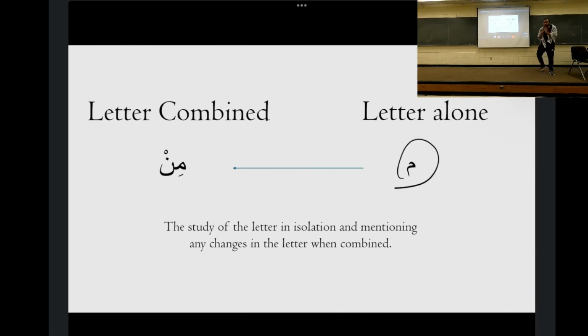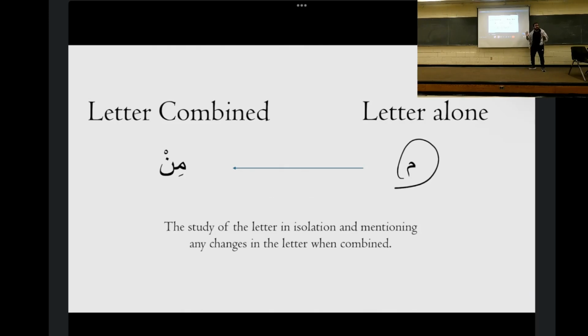Now, after I learn how to understand the letter in isolation, I'm going to learn how to combine the letter. And I'm going to tell you that this small intuition that everybody understands is actually the definition of tajweed. So the whole lecture is me explaining a couple of things and then showing you how the scholars defined tajweed, and that this is literally the definition with obviously more things added to it.